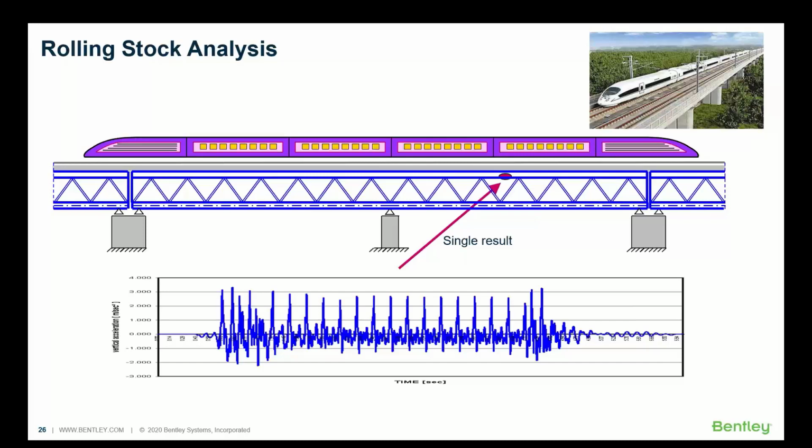So the bridge with a complex structure can be analyzed using the worst train and the worst speed to get the maximum response expected of the bridge. This advanced function has long been used for high-speed trains across Europe for checking an existing bridge or a new bridge on a new track.